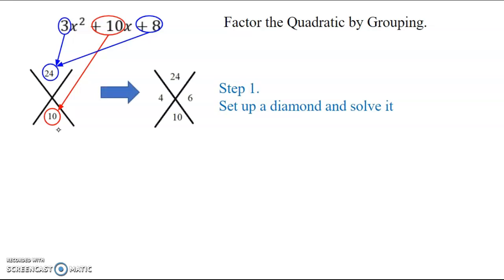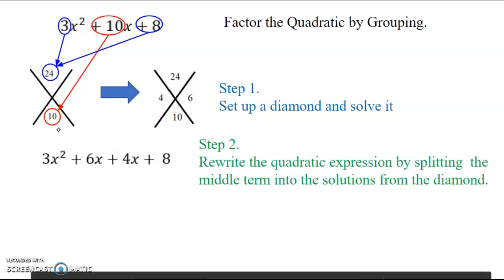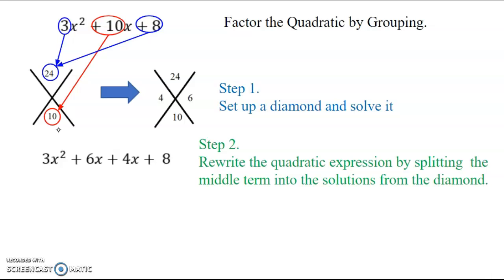Okay, so from here, I'm looking for the product to be 24, but the sum to be 10. It has to be 4 and 6. So I am basically splitting the middle term 10x as 6x and 4x. That's rewriting the quadratic expression by splitting the middle term into the solution from the diamond.